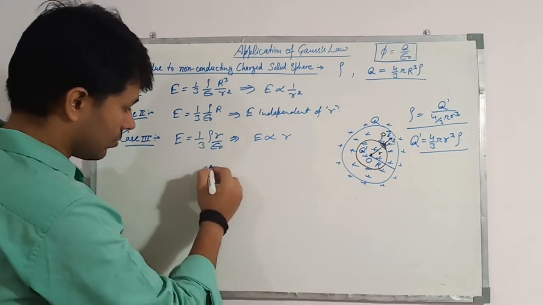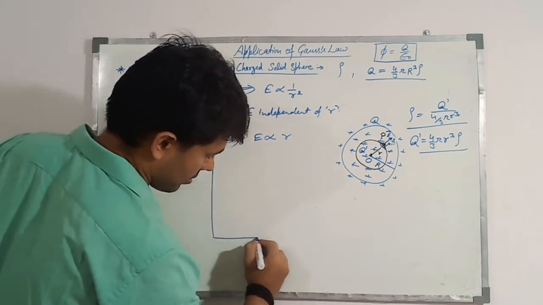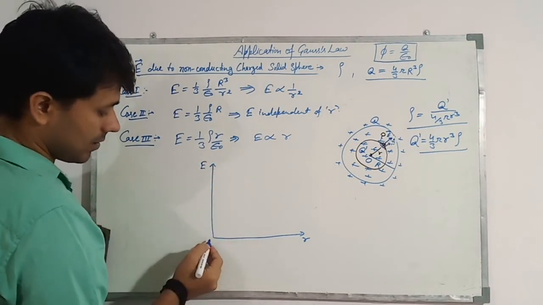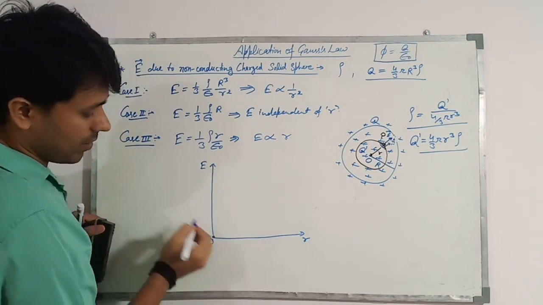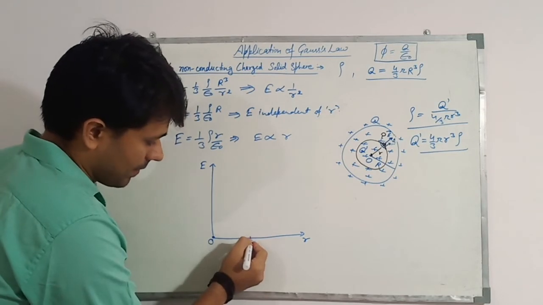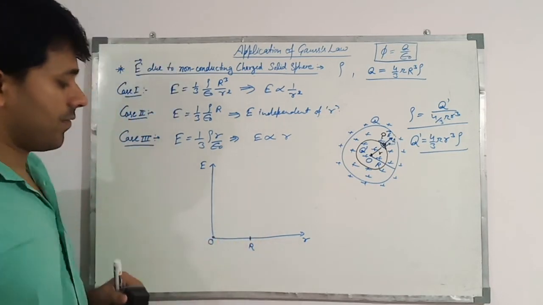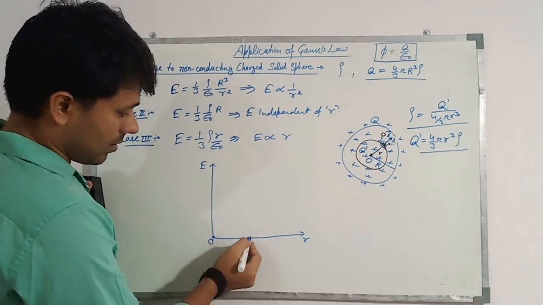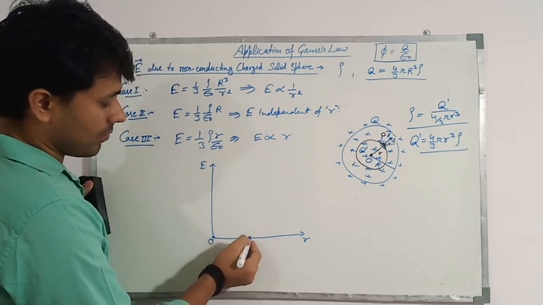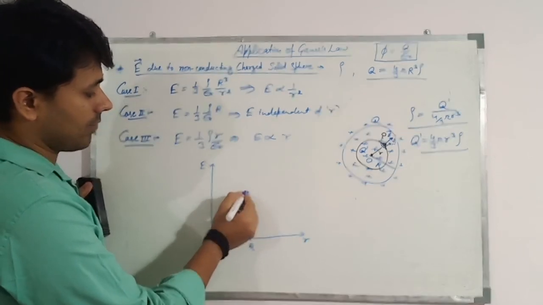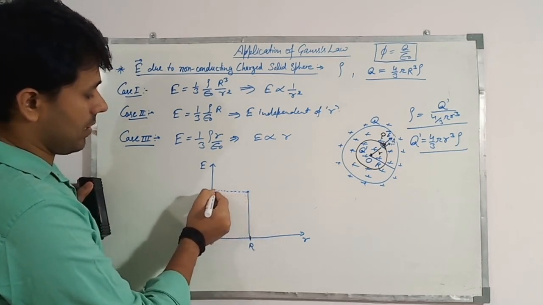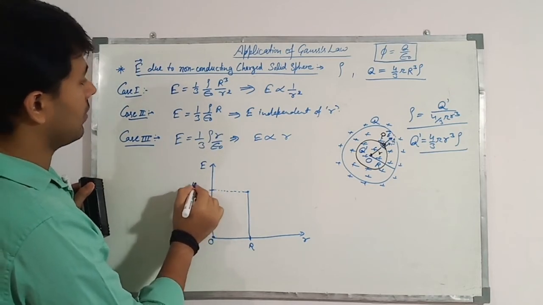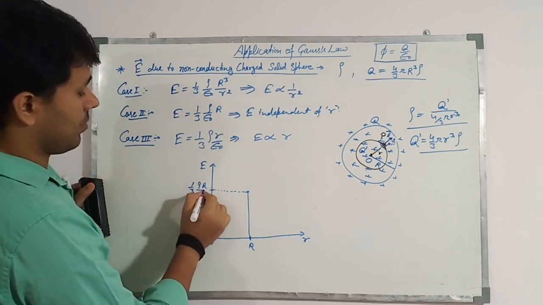If we draw the graph between r and E, this is the center of the solid sphere O, and let's say this is the surface of the solid sphere, right? At the surface of the solid sphere, the electric field has some value, and this value is 1 by 3 rho r upon epsilon naught.